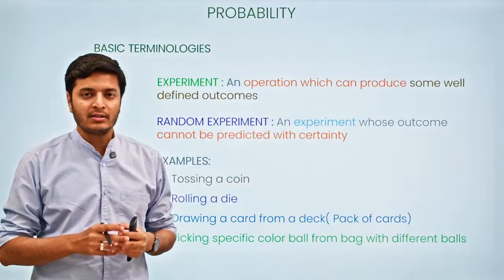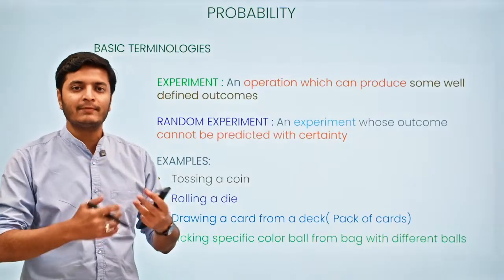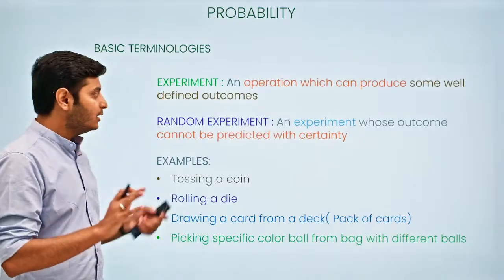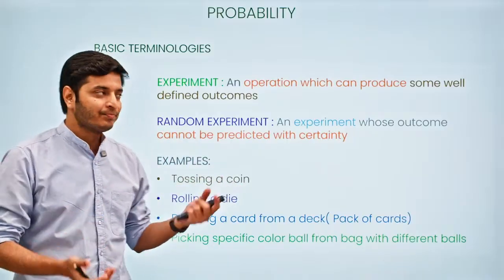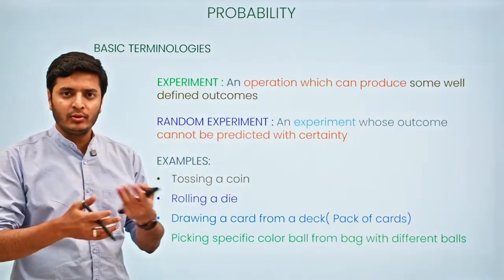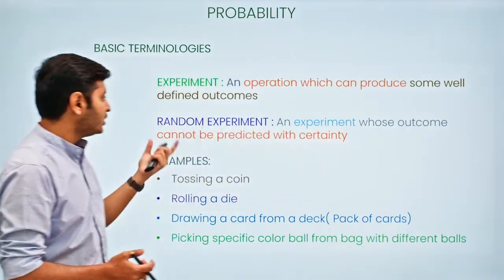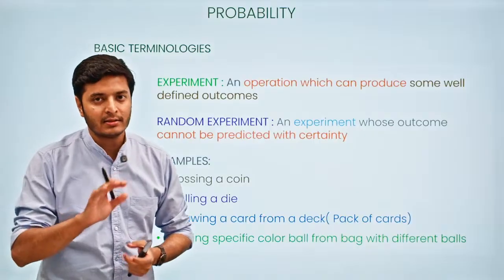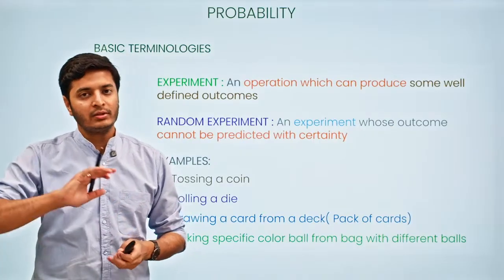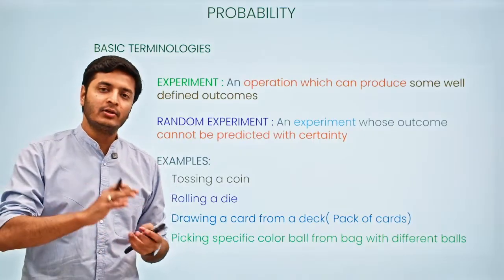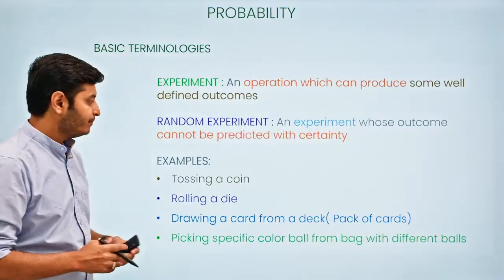So an experiment is something that we are doing to produce some well-defined outcomes. Then what is a random experiment? Random means doing something randomly, no? So it is an experiment whose outcome cannot be predicted with certainty. If you don't know the outcomes for certain, then you can call it a random experiment.